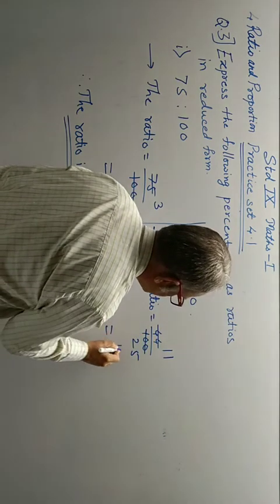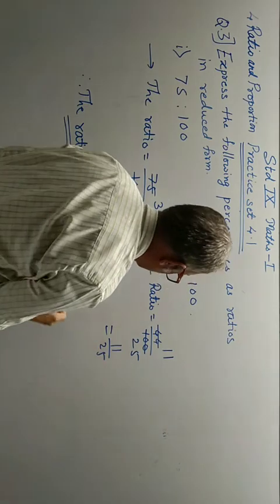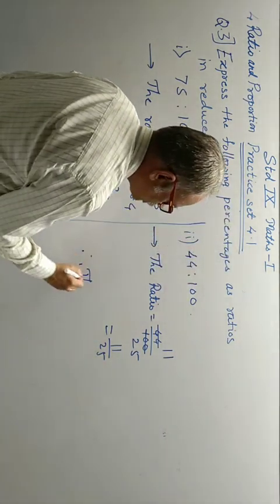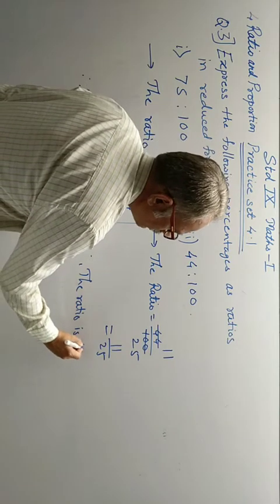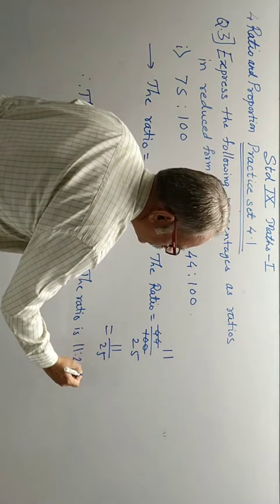So the ratio is 11 upon 25. Therefore the ratio is 11:25.